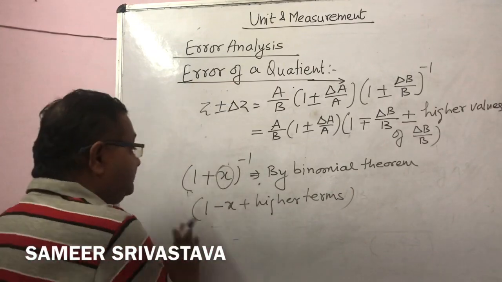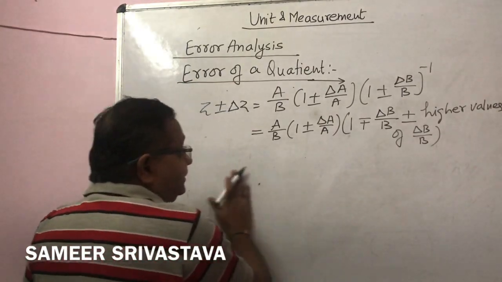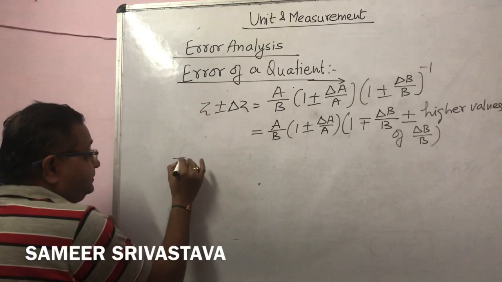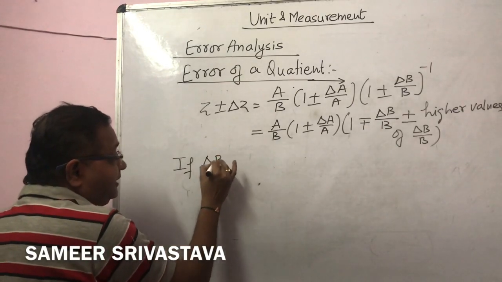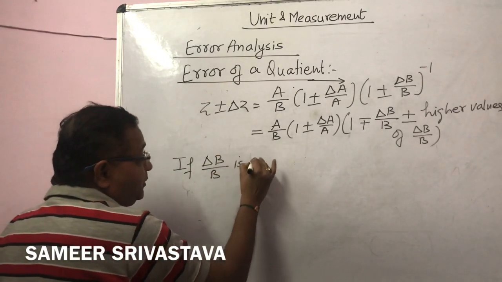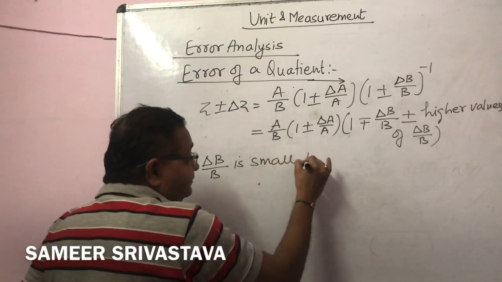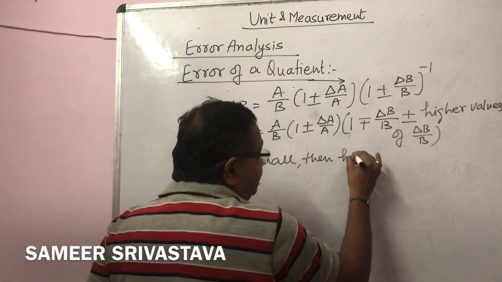Now if delta B upon B is small, then the higher terms can be neglected.